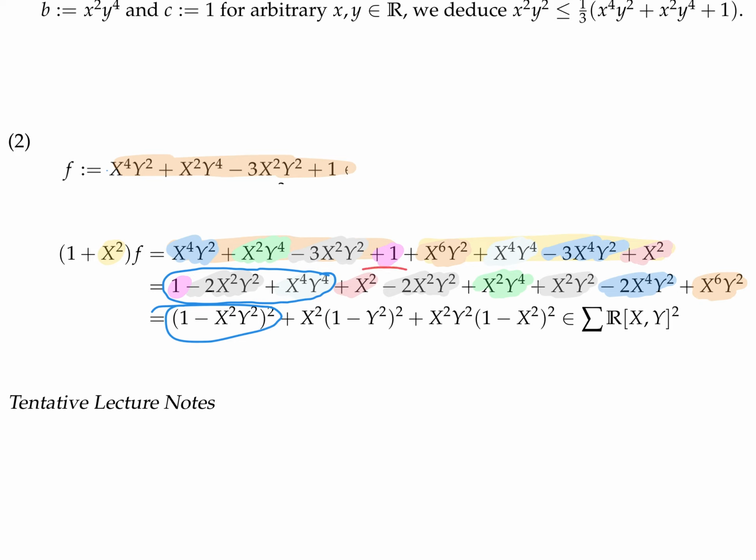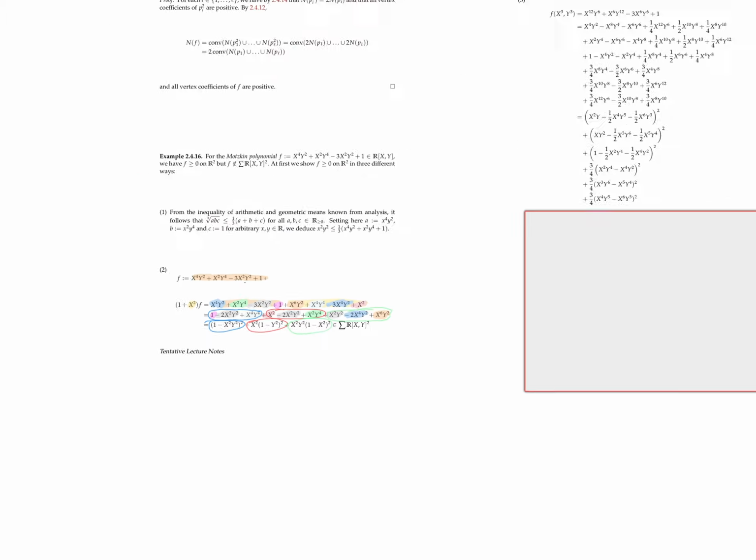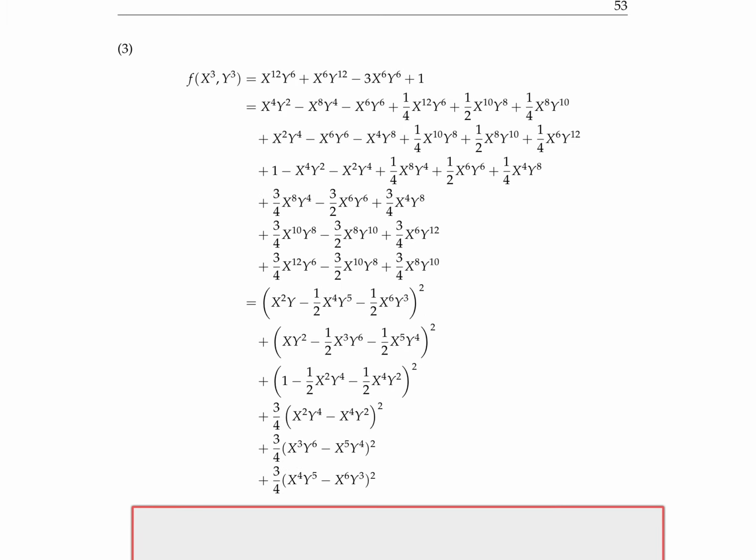Yeah, exactly, this here gives this, and this gives this. But that's the sum of squares. That's a square, that's a square, and that's a square. So it's a sum of 3 squares. Okay, and here is our proof.